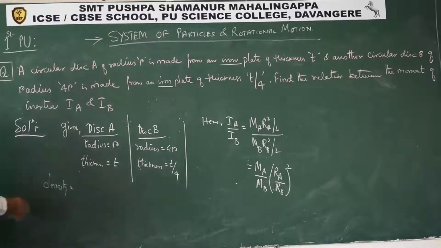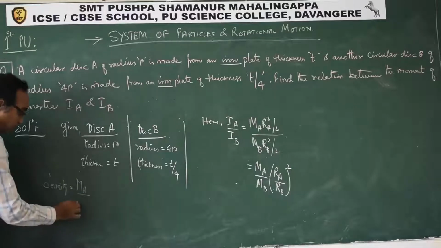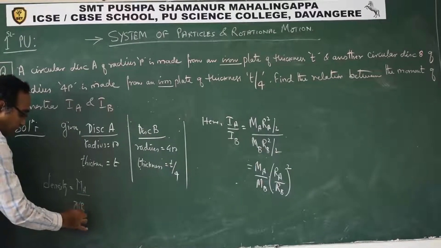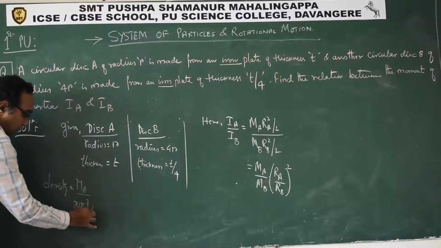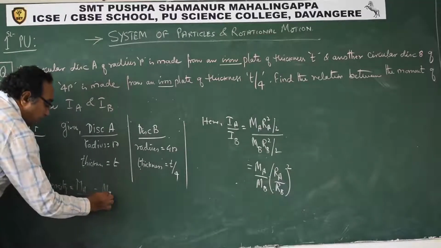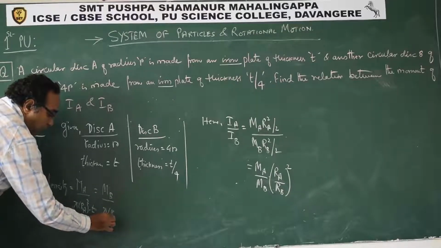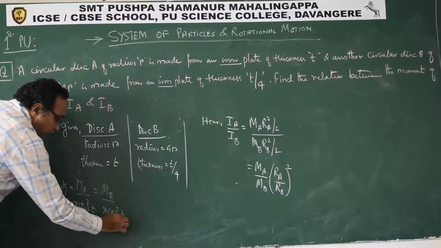So density is what? Mass by volume. Volume is pi r square into thickness. This is the same as mb by pi rb square into its thickness.